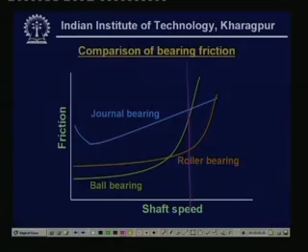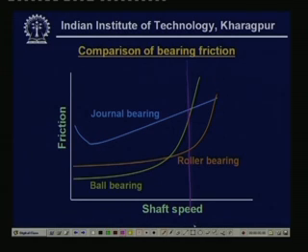When the shaft speed increases, you see the ball bearing and roller bearing frictions increasing phenomenally, but the journal bearing friction is relatively low in that case. So, as the shaft speed increases, the journal bearings are obviously more acceptable compared to the ball bearing or the roller bearing.